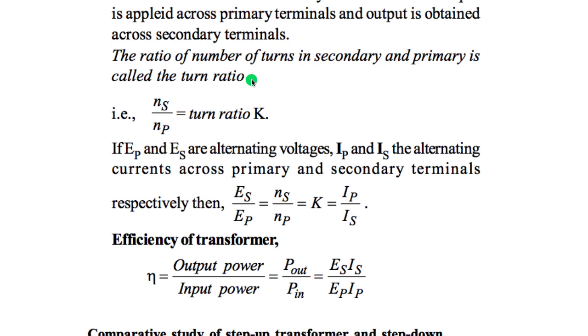A transformer consists of two coils, a primary coil and a secondary coil. The turns ratio indicates whether the transformer is a step up or step down transformer. Next we are going to study this.